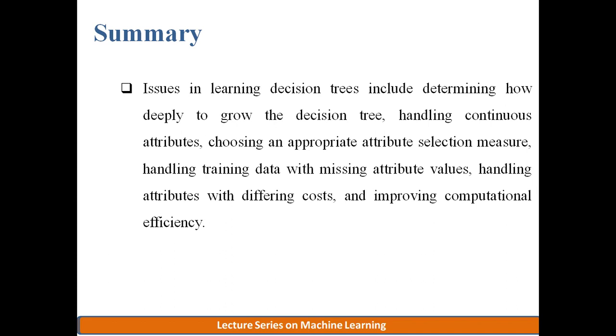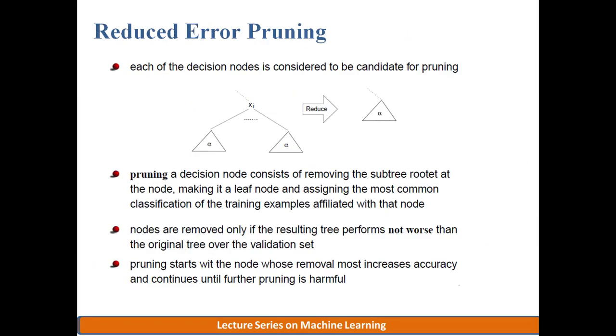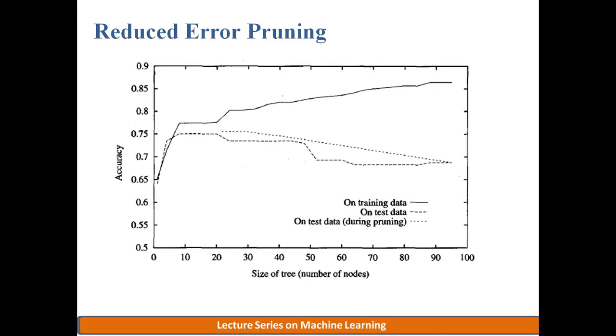Let us summarize what we discussed in today's lecture regarding avoiding overfitting of the data. We discussed reduced error pruning, which is nothing but removing the subtree rooted at the node and making it a leaf node, and then assigning the most common classification of the training examples affiliated with that node.